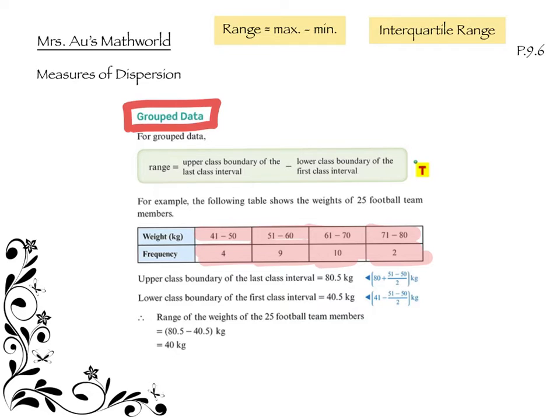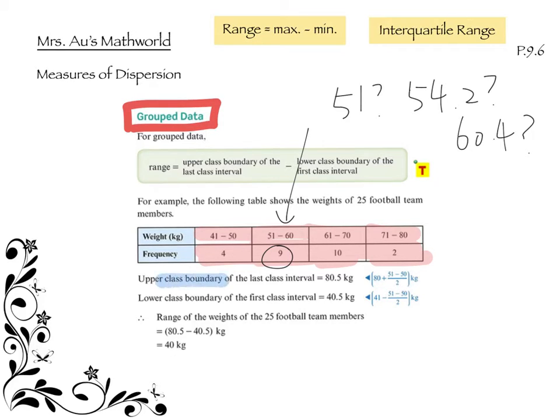But the problem is, I don't know the values one by one. So which 9? 51? Don't know. 54.2? Don't know. 60.4? We don't know. When we don't know, then we will use the concept of class boundary to help us do so.